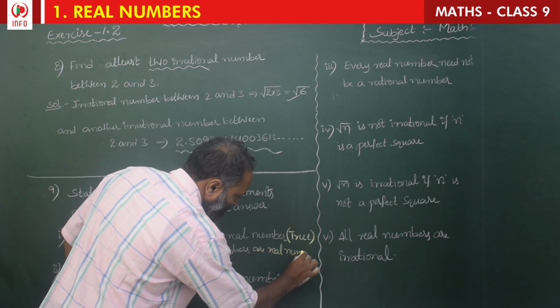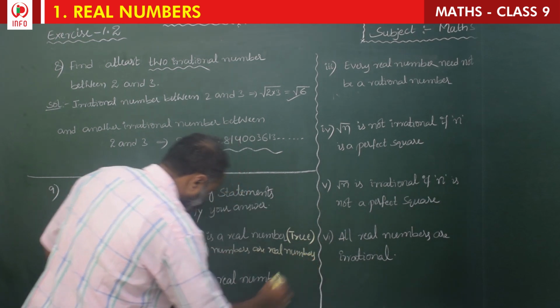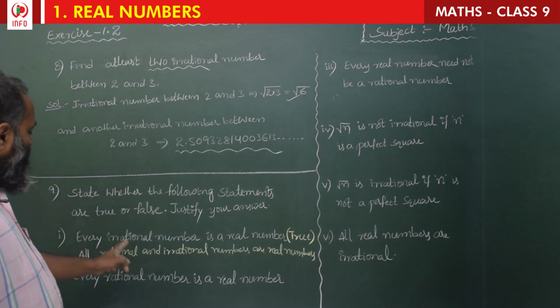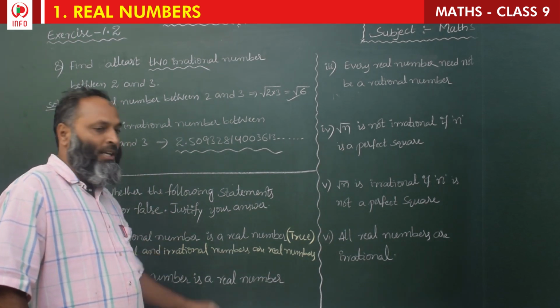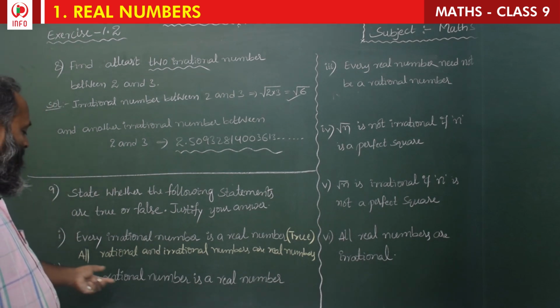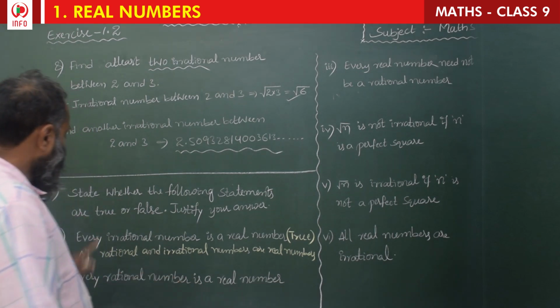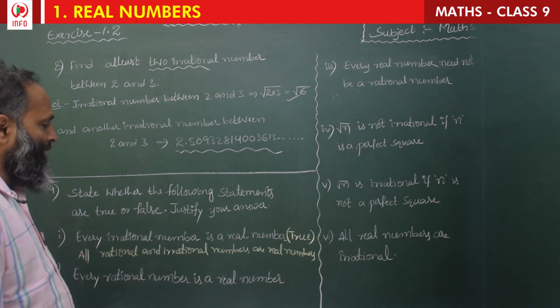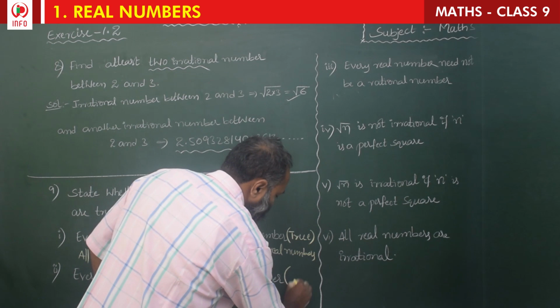All rational and irrational numbers are real numbers. So that is why every irrational number is a real number. Every rational number is also a real number. So this is also true.